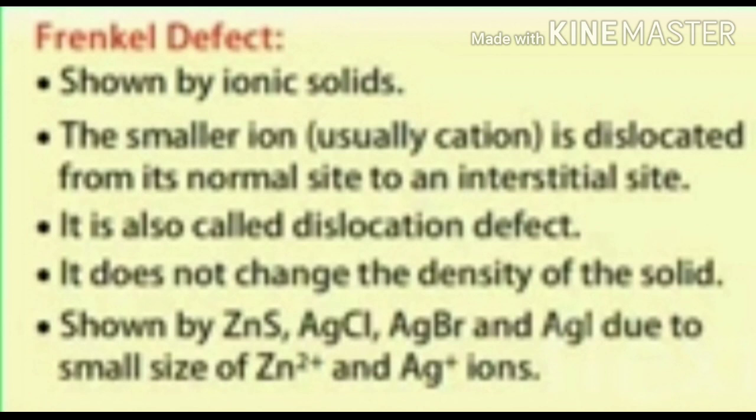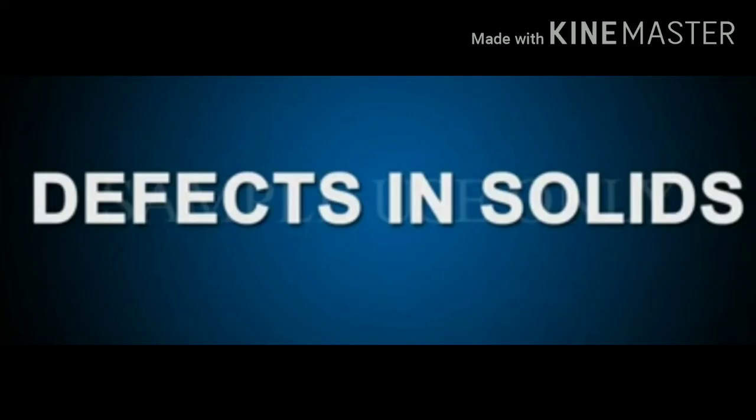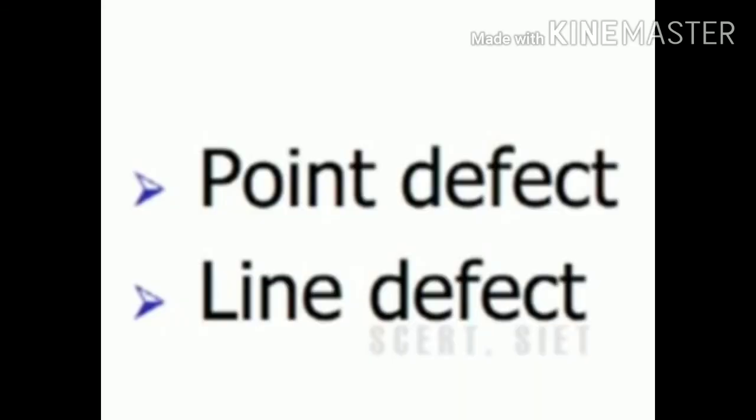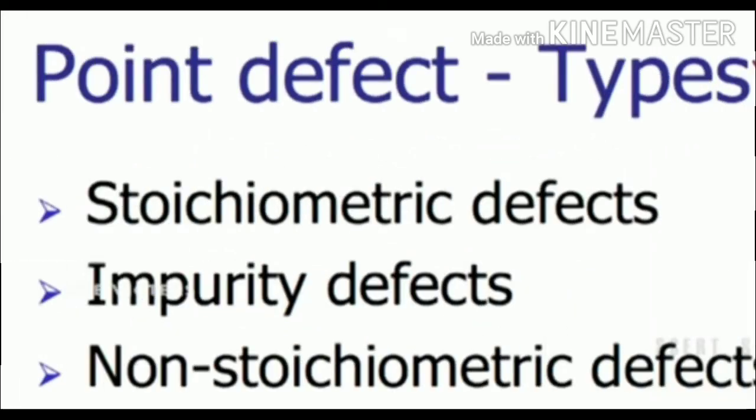Then the impurity defects and non-stoichiometric defects we will discuss in the next class. So recollect the points from your memory. The defects are how many types? Yes, two types, point defects and line defects. Then point defects are how many types? Yes, point defects are of three types: stoichiometric defects, impurity defects and non-stoichiometric defects.